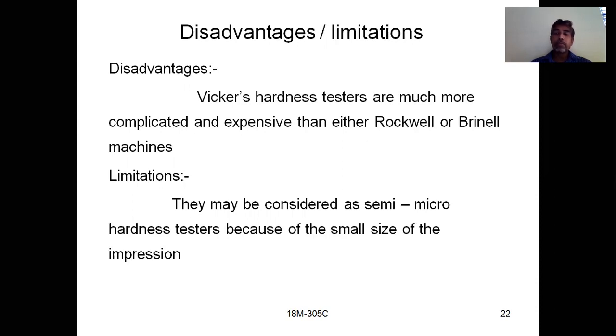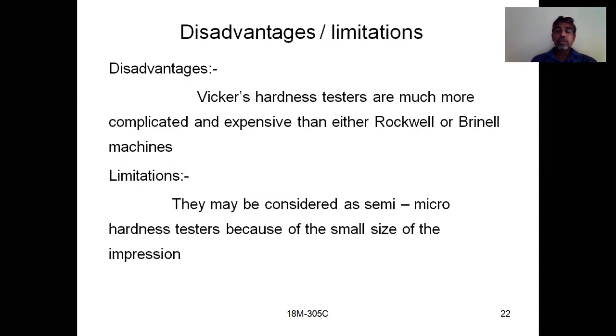In that, the first one we have taken is the Brinell hardness test. So how to perform a Brinell hardness test? You have to keep the specimen onto the anvil and rotate it such that it touches the steel ball indenter. When you apply the load for 10 to 15 seconds, you will get an impression or indentation.